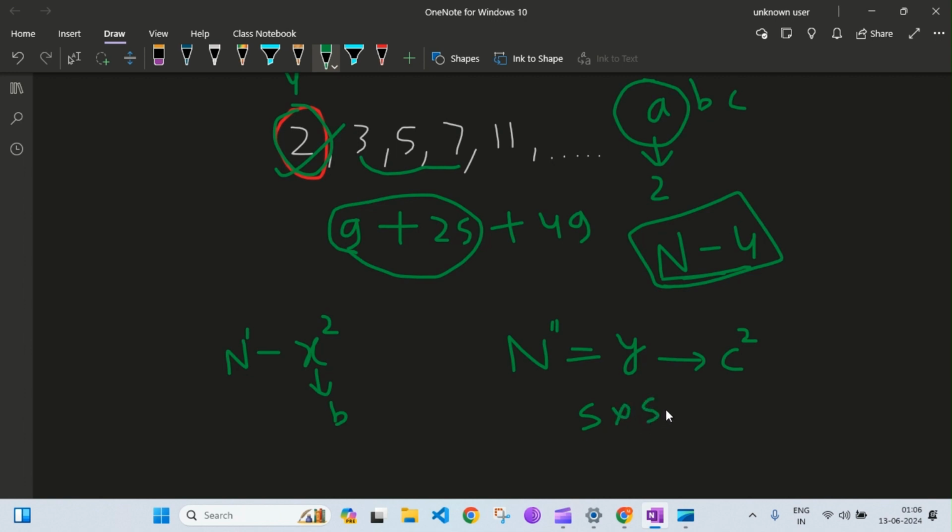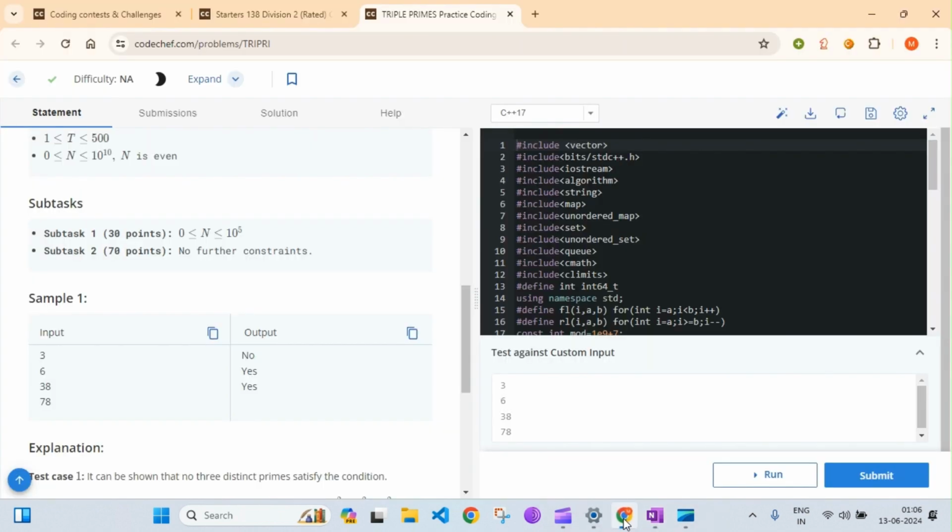If that is equal to this y, then yes, it is a perfect square. Now what I need to find is whether this s is a prime number or not. So how I did it, let's go through the code. I did it when finding these prime numbers, I stored them in a vector. So let me quickly walk you through the code.